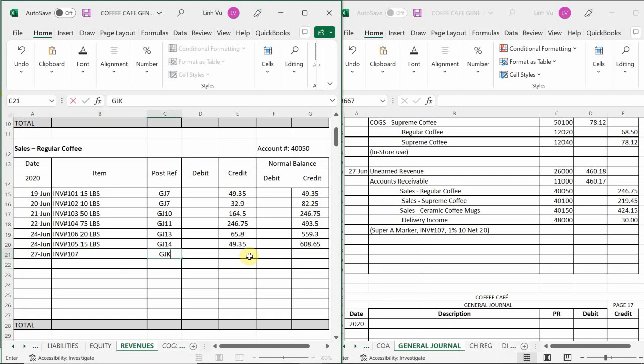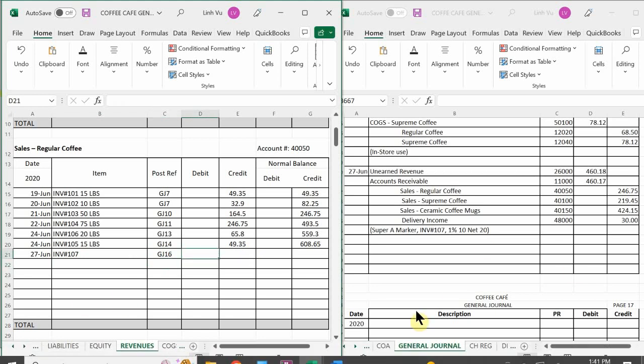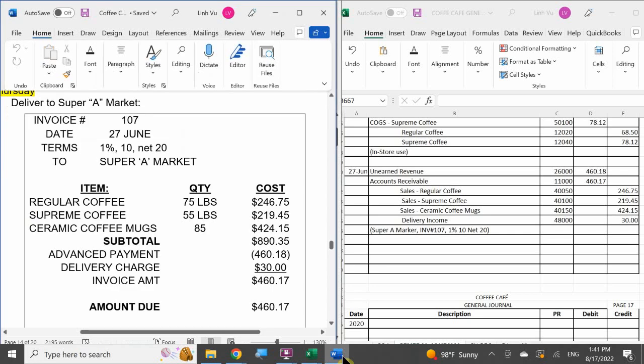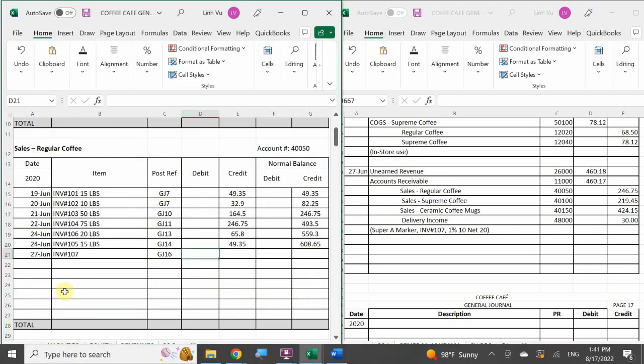Oh, I think it was a lot of pounds. So anyway, so we have 246.75 for 75 pounds.